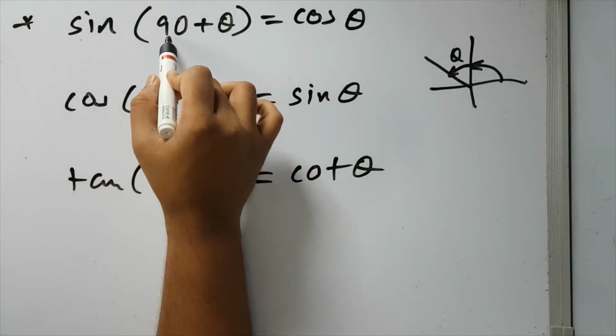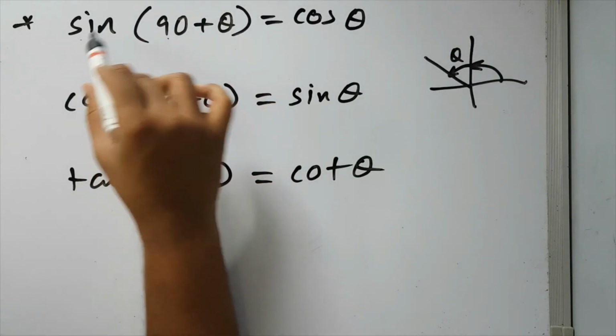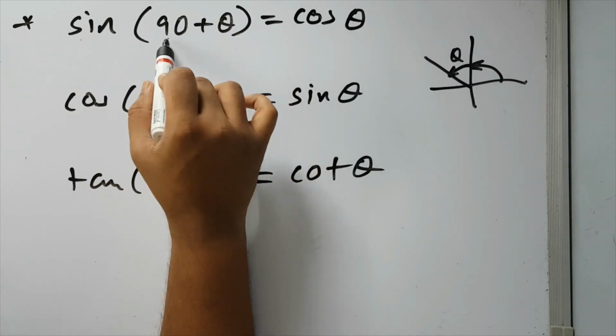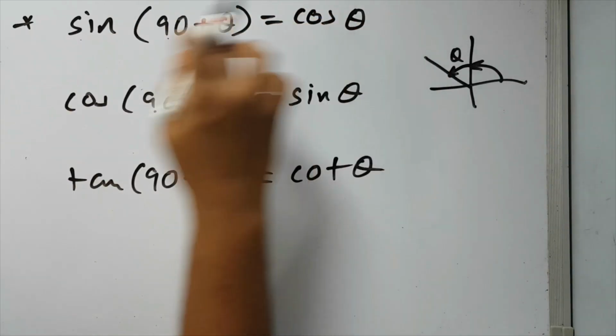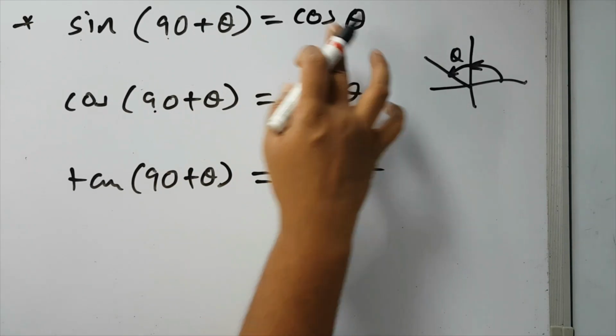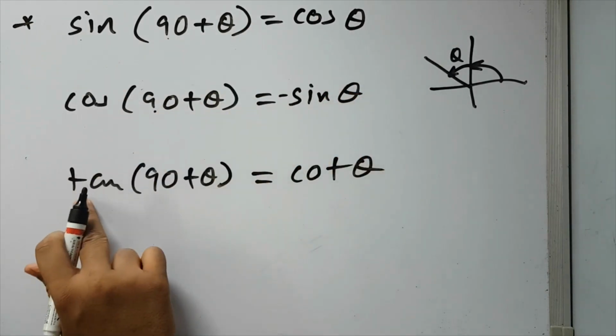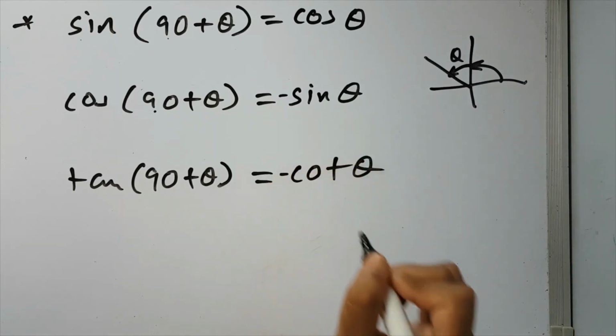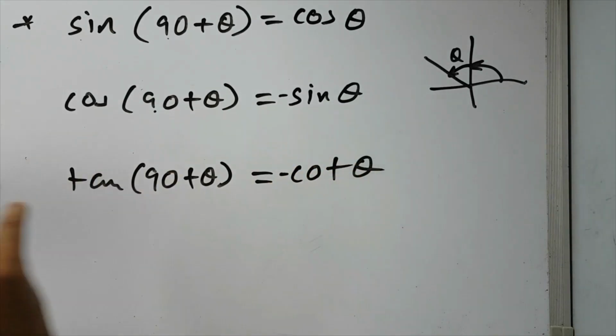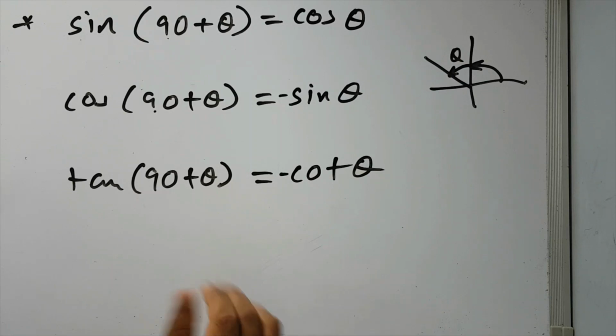Since you're writing with respect to 90 degrees, you have to use the complementary functions. So sine of 90 plus theta would be cos theta, cos of 90 plus theta would be minus sine theta, and similarly tan of 90 plus theta would be minus cot theta. Okay, I guess you have understood this concept.